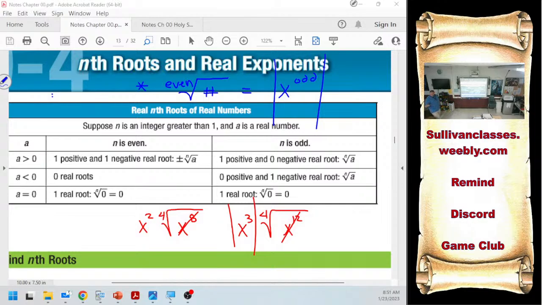I can do odd root of negatives all I want. Cube root of negative 8 is negative 2. That's fine. That's why the cube root function had that kind of S curve that went down into negative town, because that's legal. That's why even radicals, I had to restrict the range.